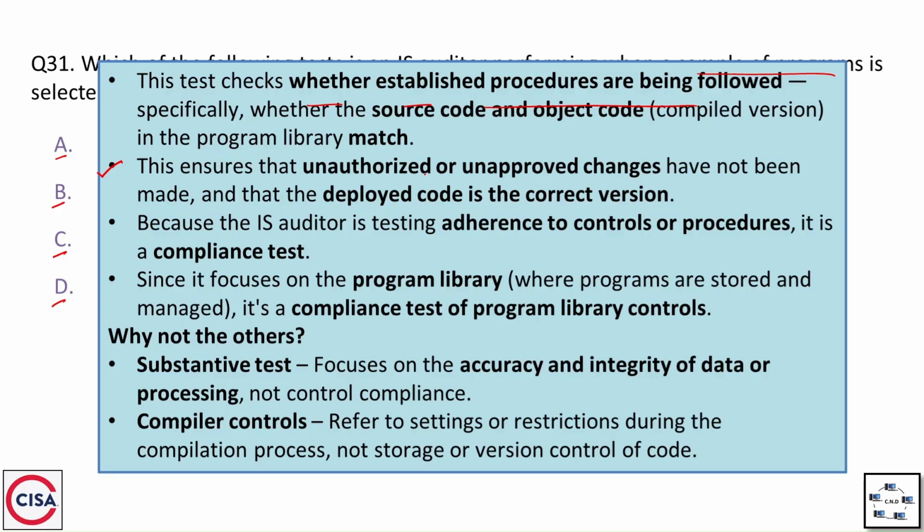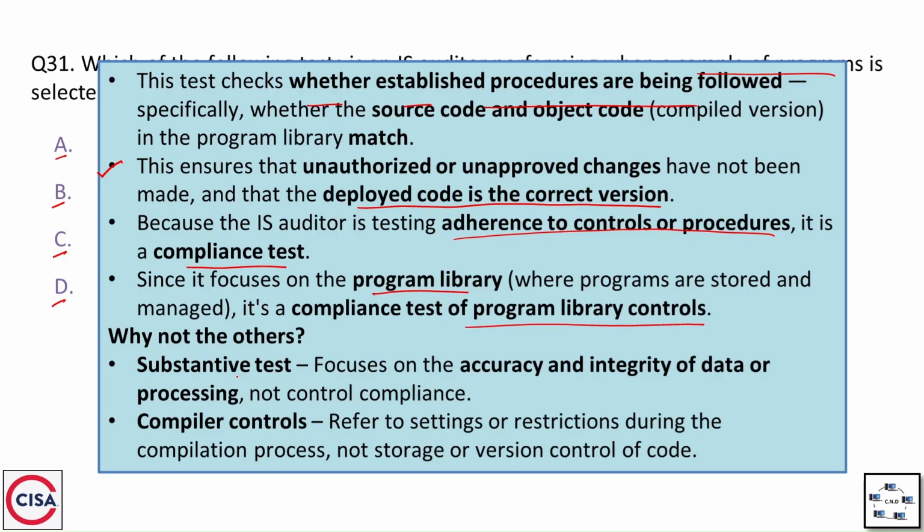This ensures that unauthorized or unapproved changes have not been made and that the deployed code is the correct version. Because the IS auditor is testing adherence to the controls or procedures, it is a compliance test. Since it focuses on the program library where programs are stored and managed, it's a compliance test of program library controls.